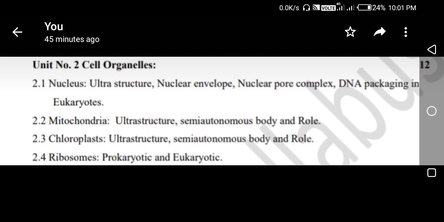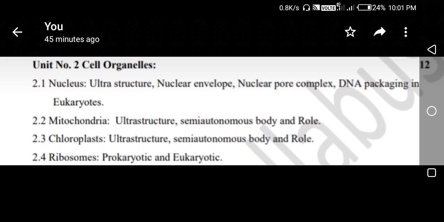Similarly, we will learn the chloroplast. Chloroplasts are present only in plants, with which the plant performs photosynthesis. Its ultrastructure we will learn. Both mitochondria and chloroplast have their own genome, DNA.